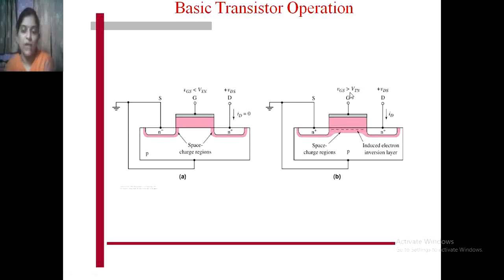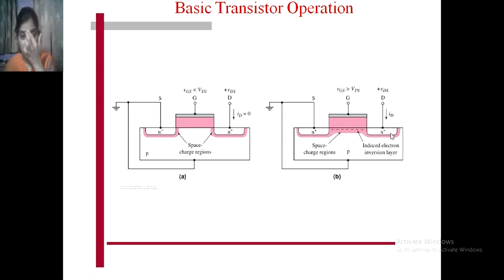But when we increase the VGS, it becomes more positive, so the free electrons are attracted here and they recombine with the holes. So here the N layer is created, the induced electron inversion layer, and ID starts flowing through this device.